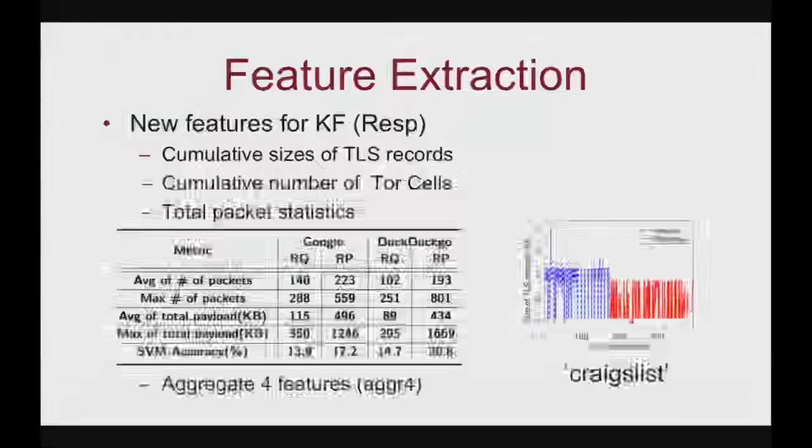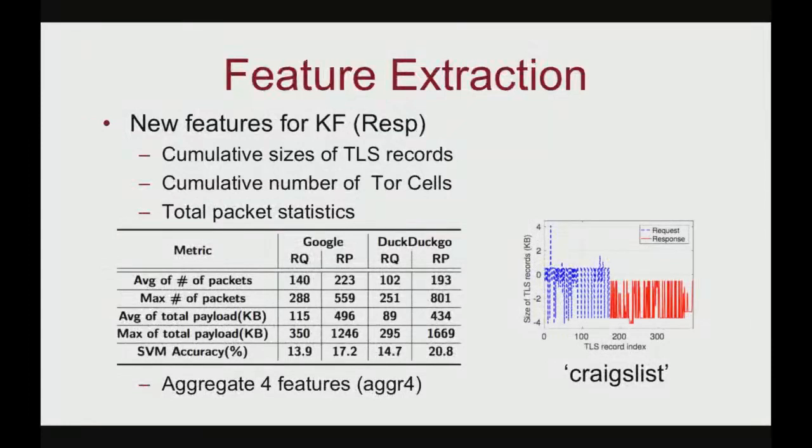For the new feature sets for keyword fingerprinting, we found that all keyword traces include a giant sequence of incoming packets at the end of the trace. We name it the response, because we assume these are the incoming packets of web embedded objects in the document file.